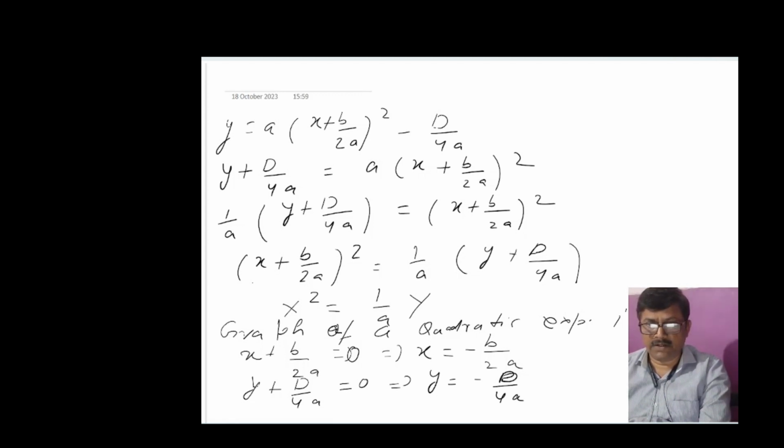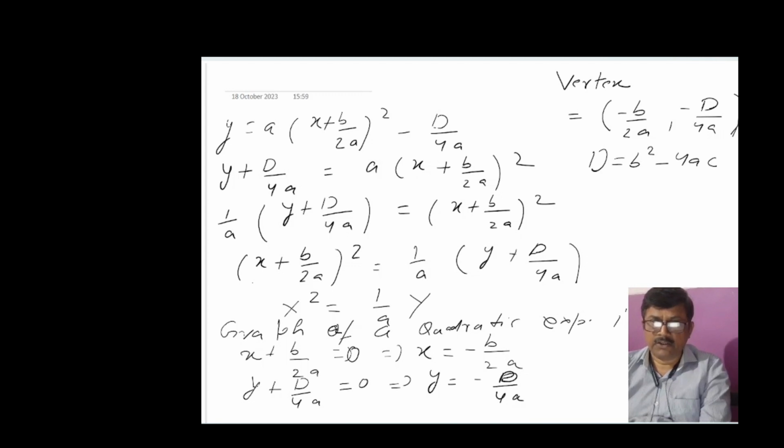The value of x is minus b upon 2a and the value of y is minus D upon 4a. Here D is the discriminant, D is equal to b square minus 4ac. So this is the vertex of the parabola.